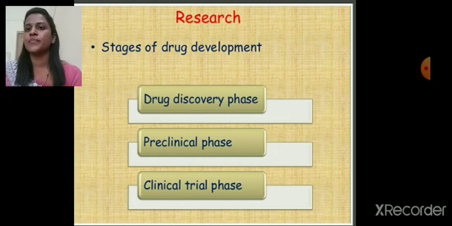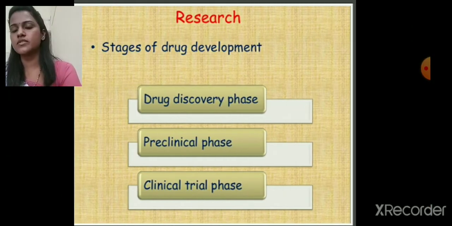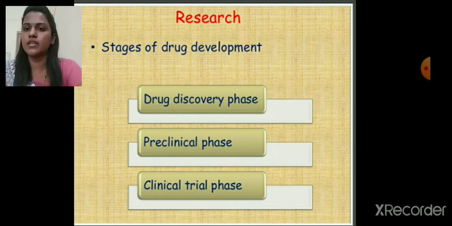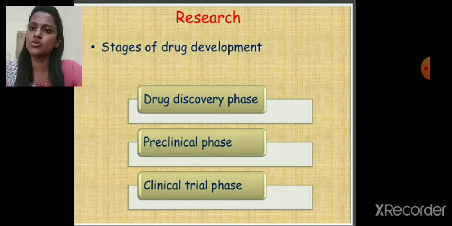Now there are certain stages of the drug development. Means when the drug comes into the market, the drug has to pass through certain stages of the drug development. First is the drug discovery phase, which is finding of the drug with the help of different screening methods.